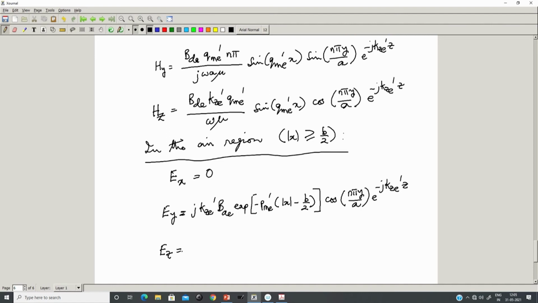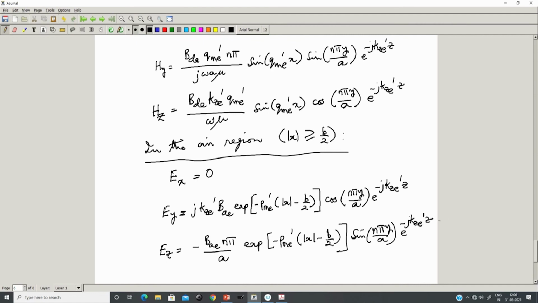E z is minus b a e n pi by a exponential minus p m e prime mod x minus b by 2 sin n pi y by a e to the power minus j k z e prime z.